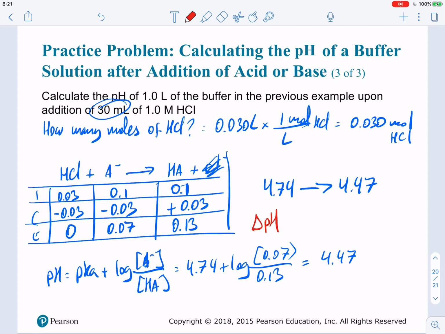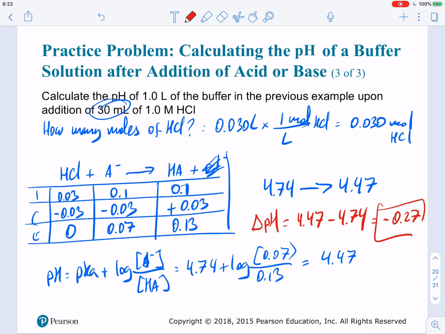Well, the change in pH would be final minus initial. 4.47 minus 4.74, and this is minus 0.27. It means that the pH decreased by 0.27 units.